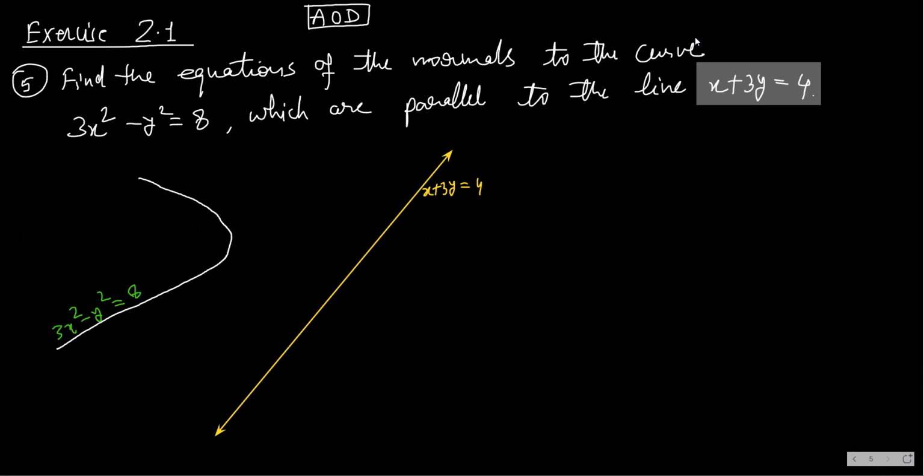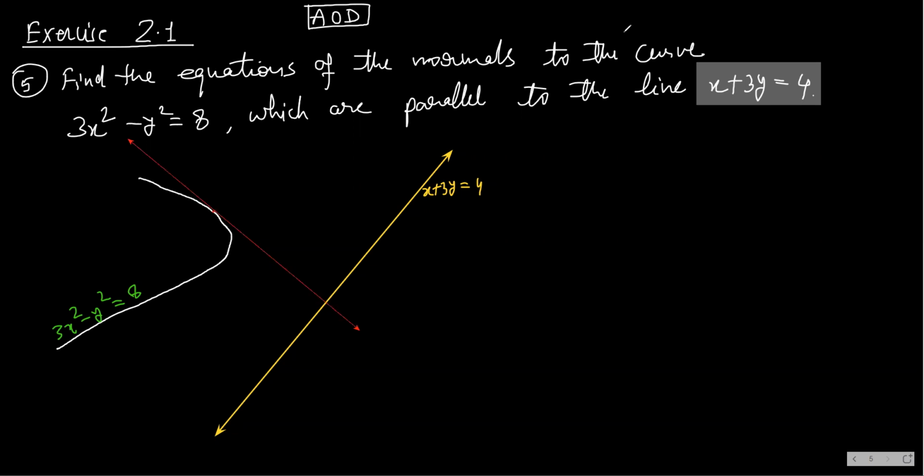As we all know, students, a normal is always perpendicular to the tangent. So first of all, I have a tangent to the curve at this point.